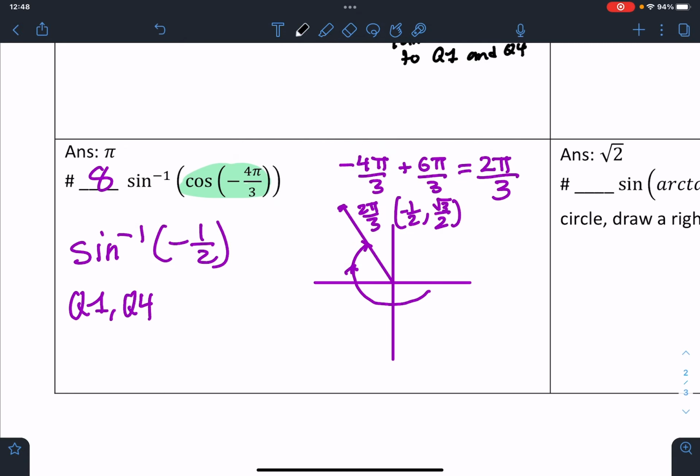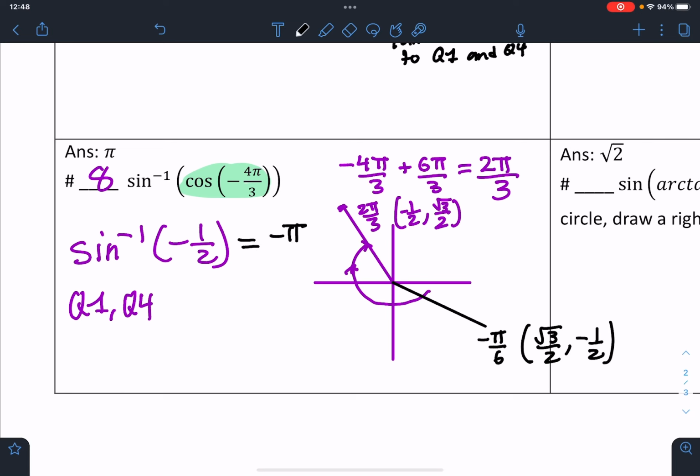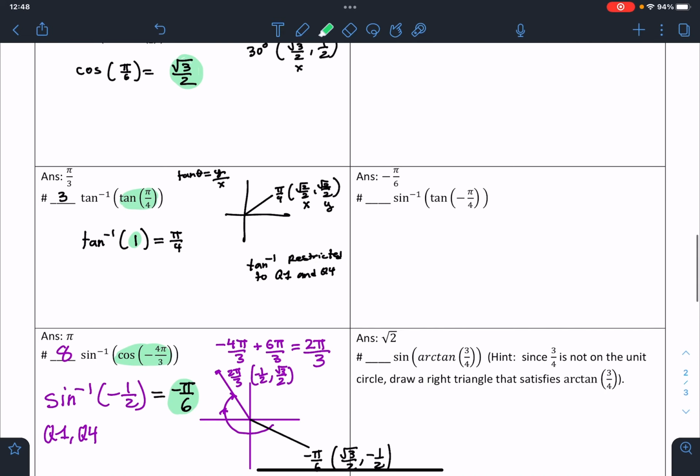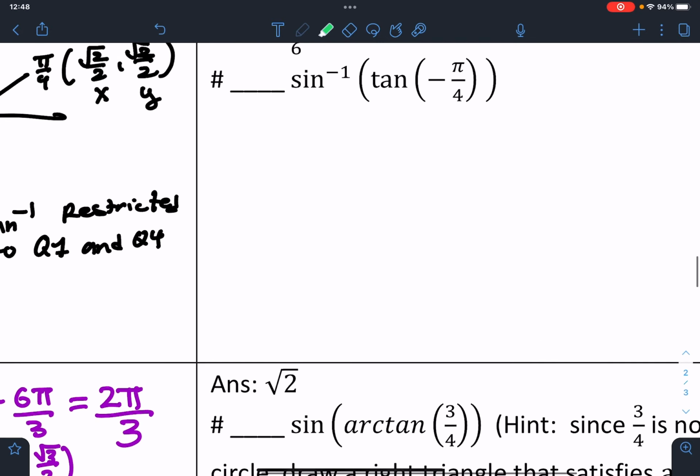Once again, if I look at quadrant 4 and look at negative pi over 6, you should see square root of 3 over 2, comma, negative half. So this answer is just negative pi over 6. All right, where is that? Leads us right here.